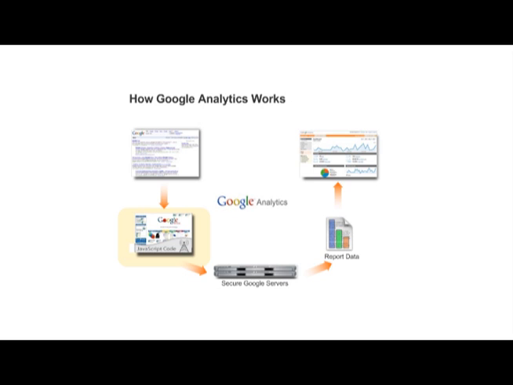At this point, the Google Analytics first-party cookies are read and/or written. The web page then sends an invisible GIF request containing all the data to the secure Google Analytics reporting server, where the data is captured and processed. Data is processed regularly throughout the day, and you can see the results in your reports.